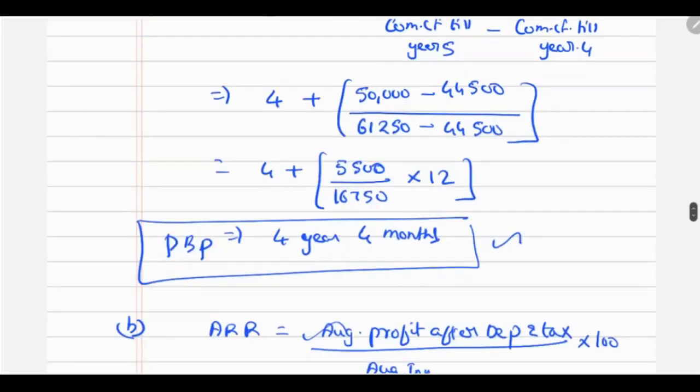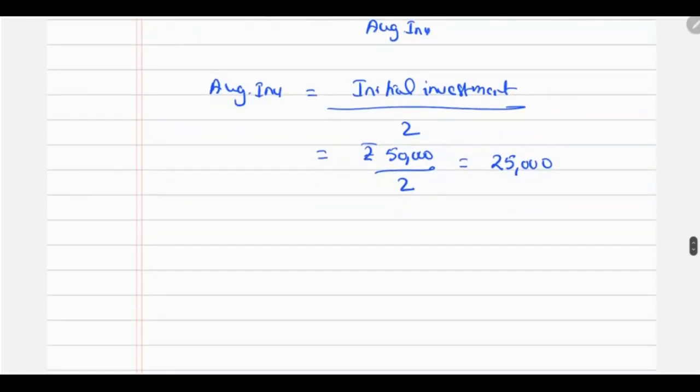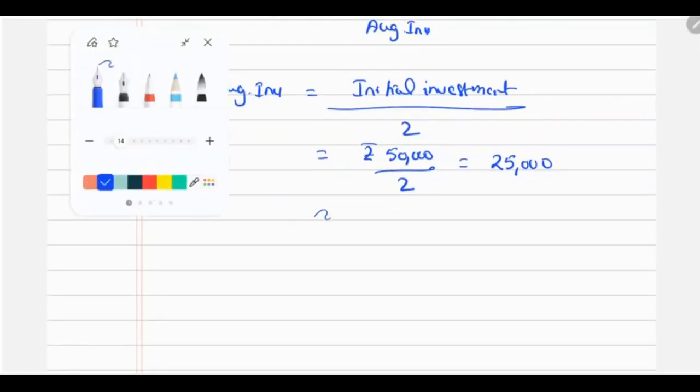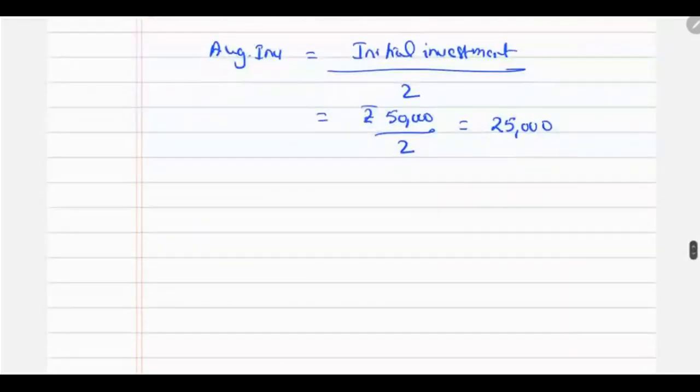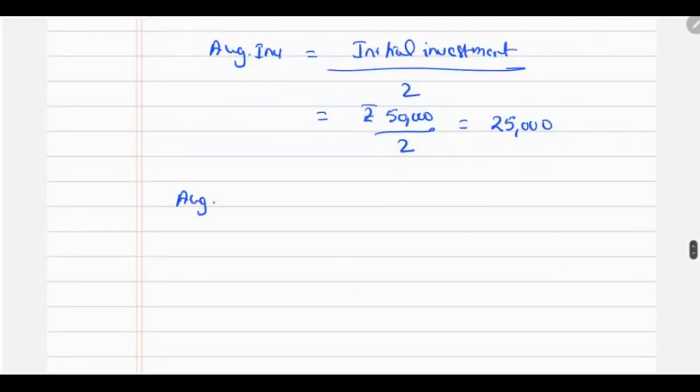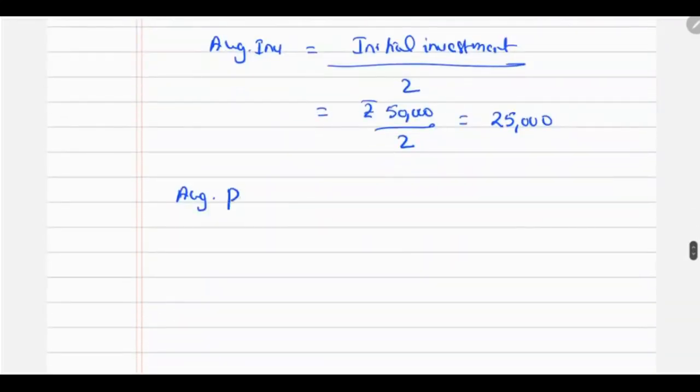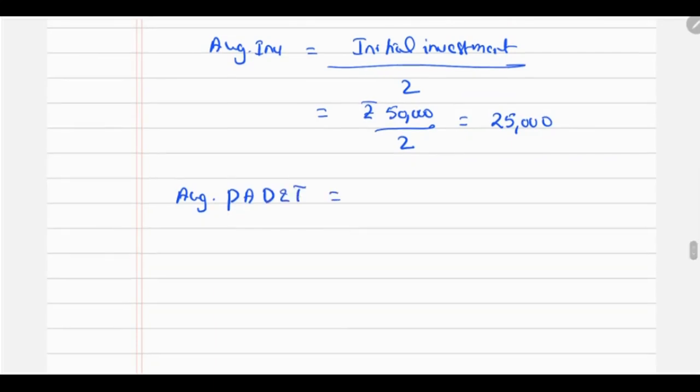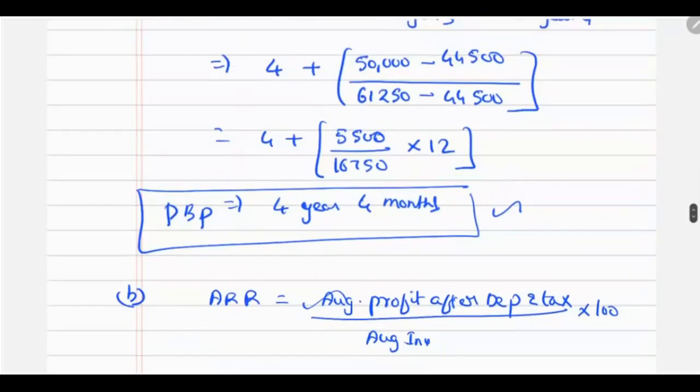So here I'll be writing the value. Average profit after depreciation and tax will be, you have to add those PAT values, that is profit after tax.